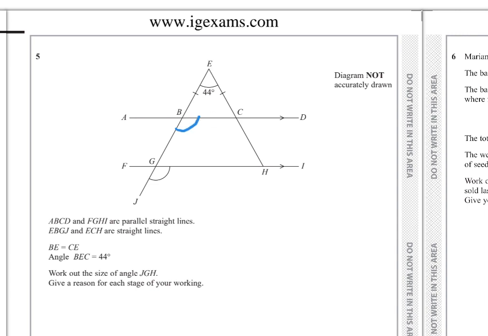So angle EBC equals 180 minus 44 divided by 2 equals 68. So this angle is 68, because EBC is an isosceles triangle.